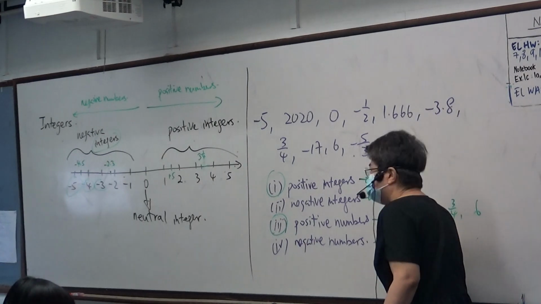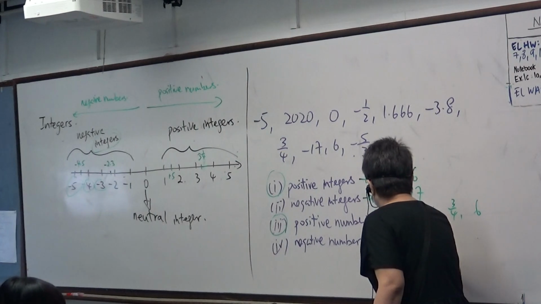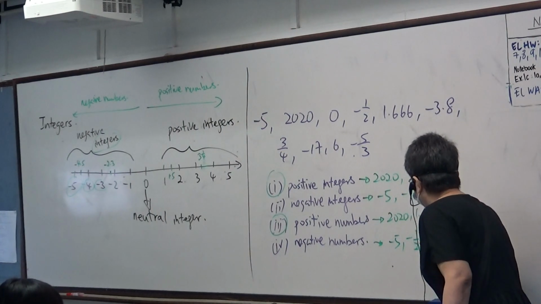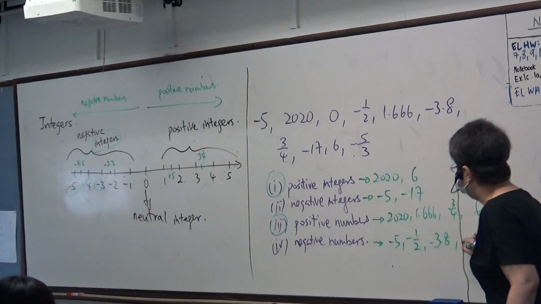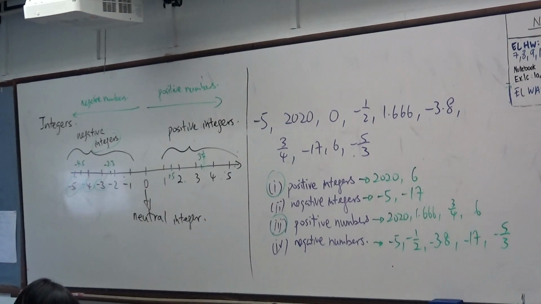Negative 5, negative half, negative 3.8, negative 17, negative 5 over 3. Are we clear now?